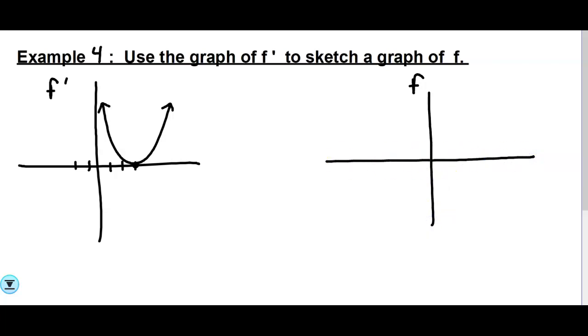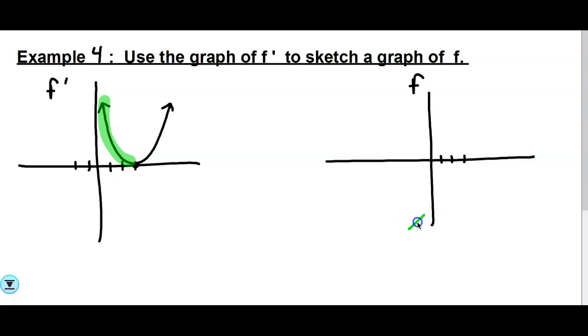Here we go. So to the left of 3, we're above the x-axis. So since f prime is above the x-axis to the left of 3, that means f prime is positive to the left of 3. And when f prime is positive, that means to the left of 3 that f would be increasing.